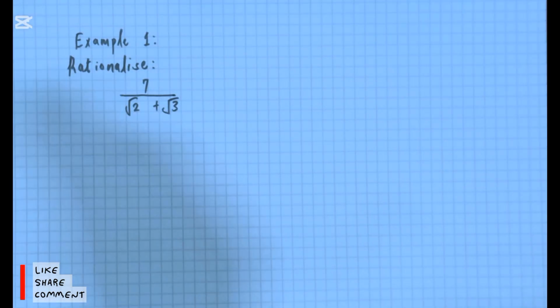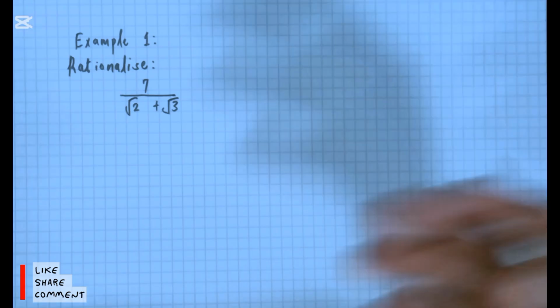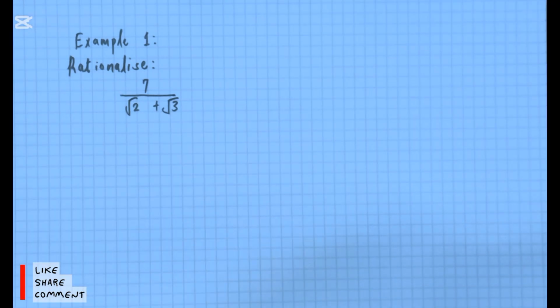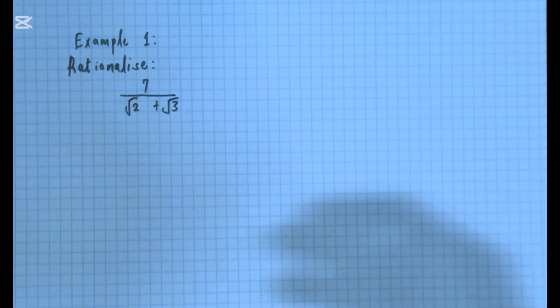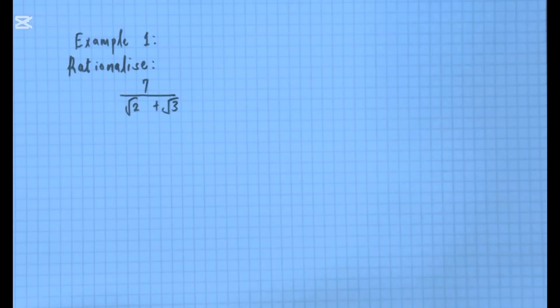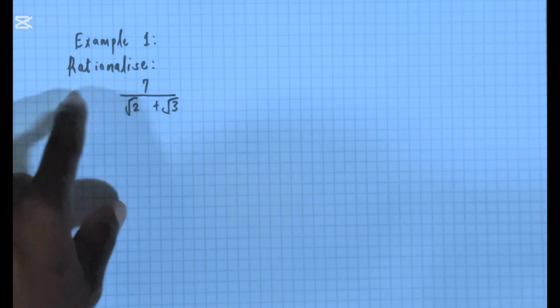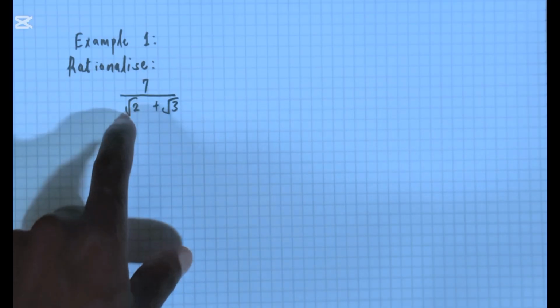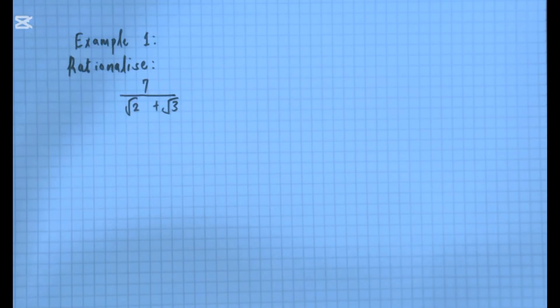Okay, awesome. So here comes our first problem. We've been given 7 all over the surd of 2 plus the surd of 3, and we have been instructed to rationalize this particular surd. Remember, for us to rationalize a surd, we are always going to mainly focus on the denominator.